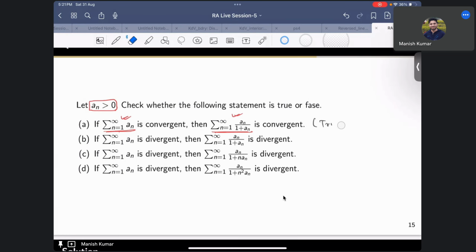The second one is quite tricky, I would say. So the second one is also true.